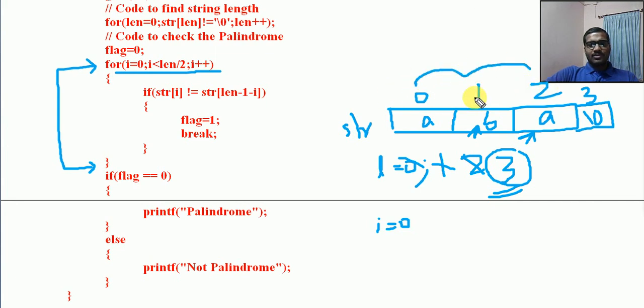So that is why we are starting a loop from i equal to 0. i less than len divided by 2. What is len now? That is 3. 3 divided by 2, what is that? 1 we are getting and 1 remainder. We are not considering the remainder. The division value is 1.